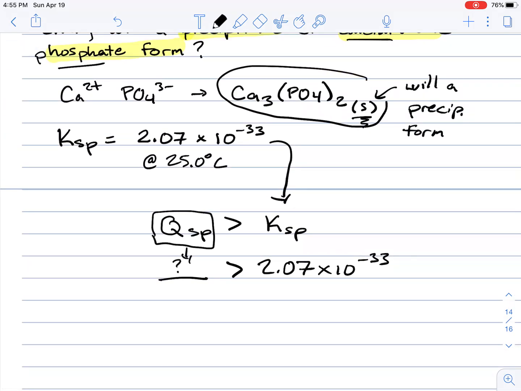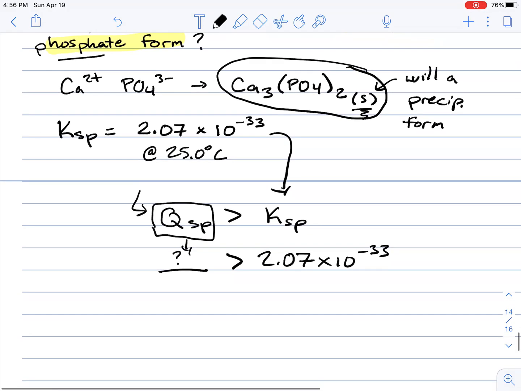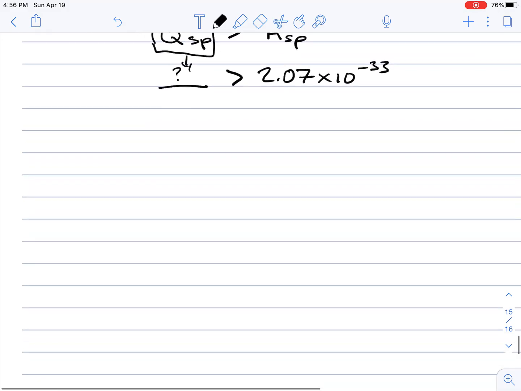This is our slightly soluble, mostly insoluble substance. And so to determine Qsp, we need to determine the mass action expression for it. And to determine the mass action expression, we have to write a balanced chemical equation, write an ice table, and then plug everything in so that we can get the mass action expression for Qsp.